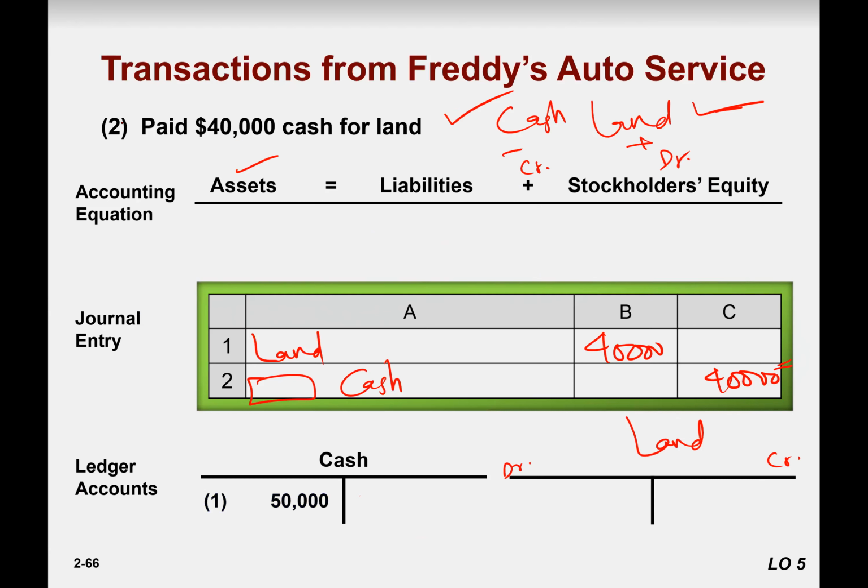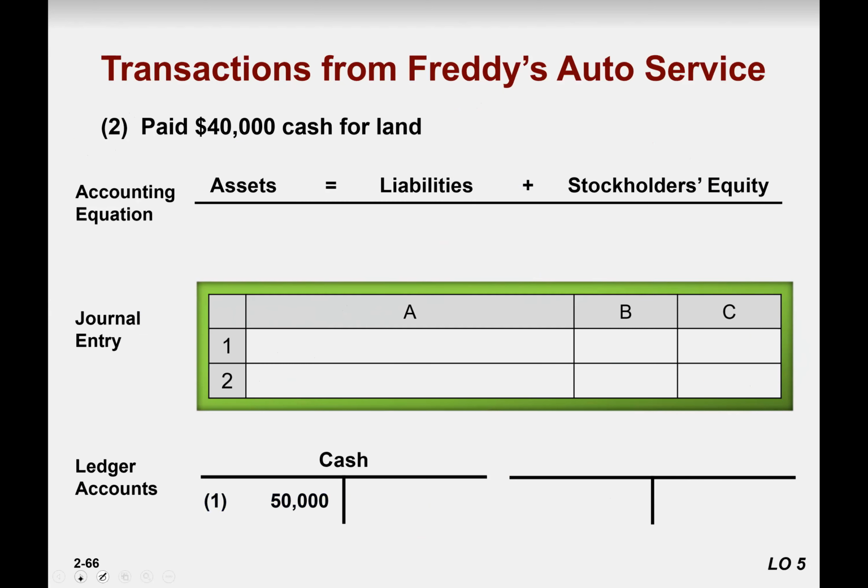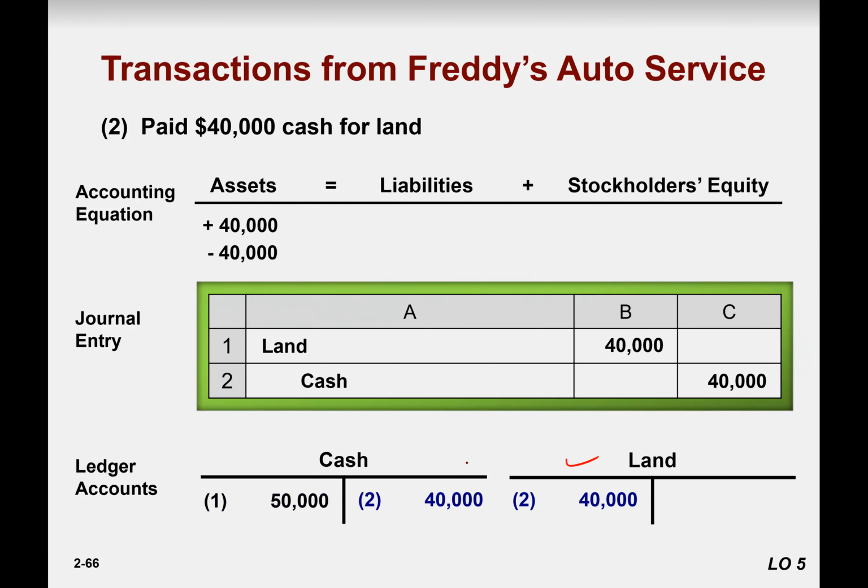Buy home, second transaction. Land is increased, land is debited, land is 40,000. Buy home, number 2 transaction, this one. Understand? Yes. There we go. See? Land to cash. Easy peasy, right?